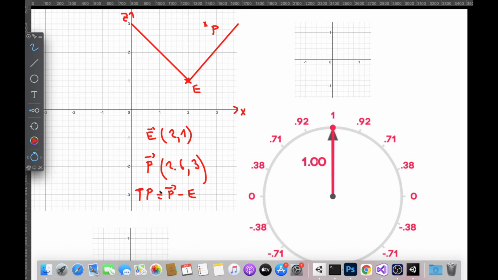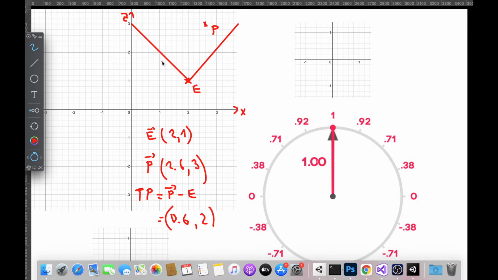So TP position will be the player's 2.6 minus 2. That's 0.6 on the X, and on the Z, that's 3 minus 1. That's a 2.